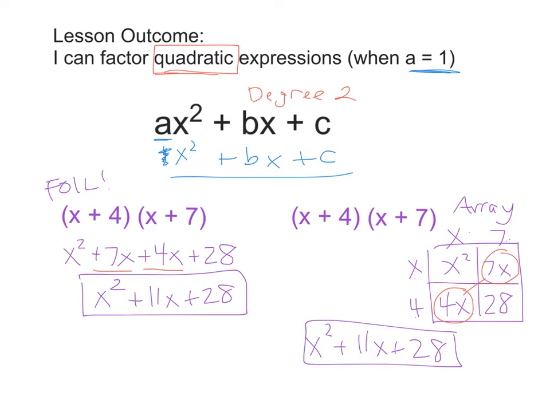Well, factoring a quadratic expression is finding these two things that we multiplied together to get this in the first place. So you can kind of think of factoring quadratic expressions as undoing FOIL, or undoing the array, and finding out what factors multiplied together to give us this. Let's try some on the next screen.